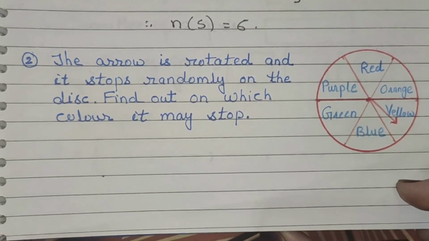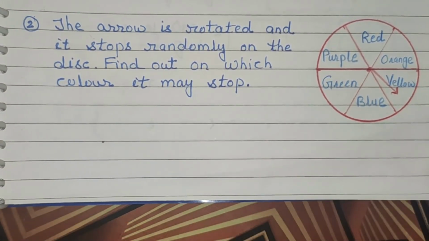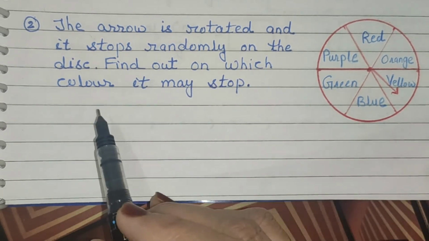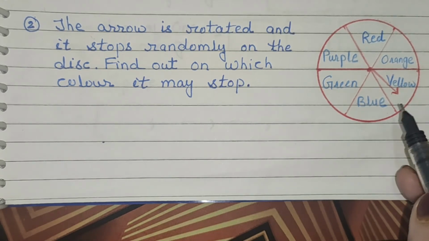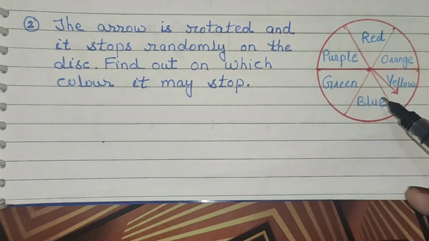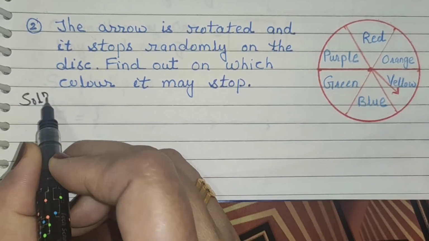Now next question is, the arrow is rotated and it stops randomly on the disc. Find out on which color it may stop. Now look at this here. Different colors are orange, red, purple, green, blue and yellow. And here it is one of the arrow. When it is rotated, it stops randomly on any one of the colors. Therefore write down here solution.